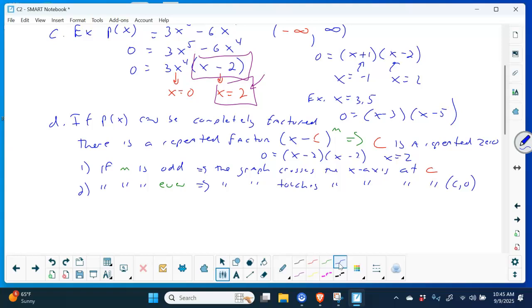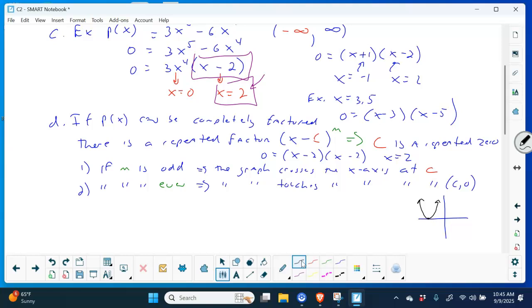And so touches means it doesn't cross. You might say, well, how does that happen? Let me show you, just a quick idea. If this parabola has a vertex right there, it touches at c but doesn't cross. So the change of direction happens at the x-axis, and therefore it doesn't cross.